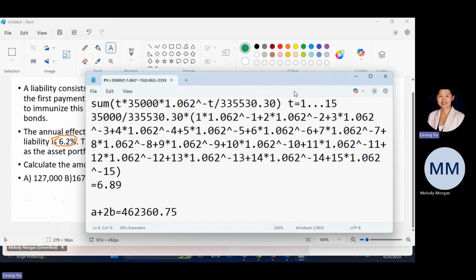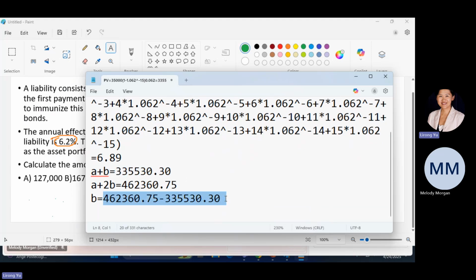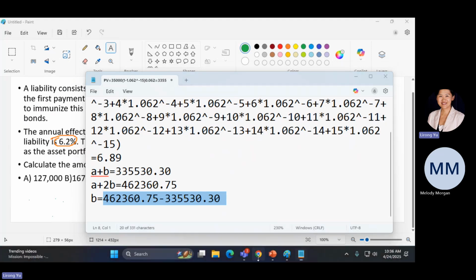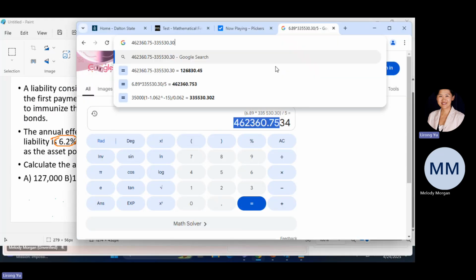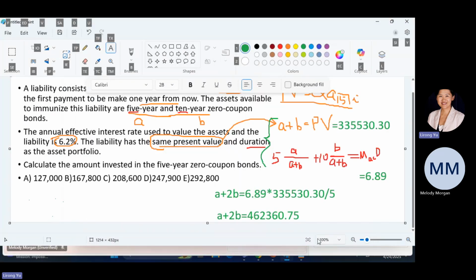Okay, so now we have this. We already have that A plus B equals the total present value. Having A plus B and A plus 2B, you can subtract them to find B. Once we get one side of the equation a little bit shorter, it won't be too difficult to find the rest. Once we find B, the total value minus B will be A. If you find one and then find the other, it should be algebraic.